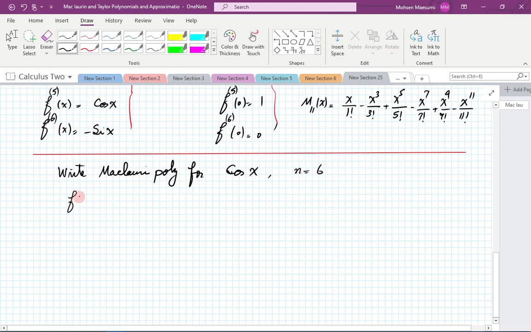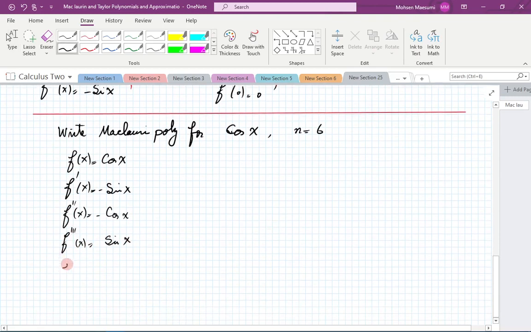So we start with f of x to be cosine of x. F prime is minus sine. F double prime is minus cosine. F triple prime is sine. Now, fourth derivative, we go back to cosine.